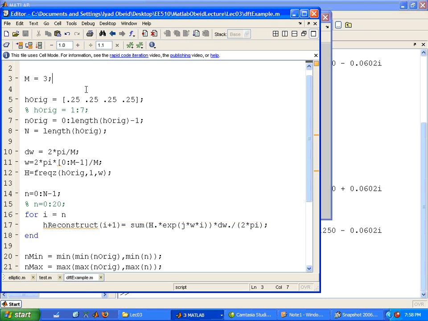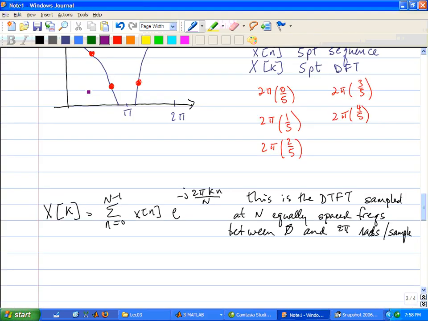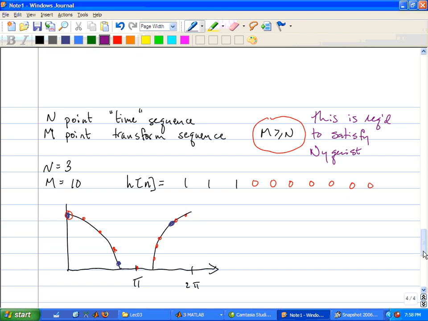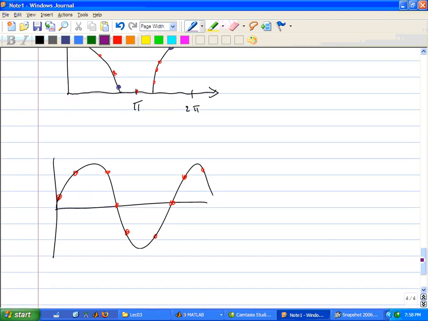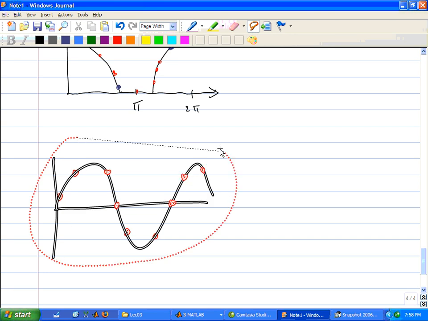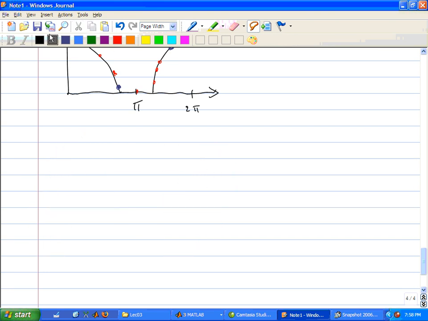Let's try something we haven't tried yet. Let me put this back at 10. Now, when I compute my inverse DTFT, I'm going right off the equation sheet. Essentially I'm just performing the following computation.